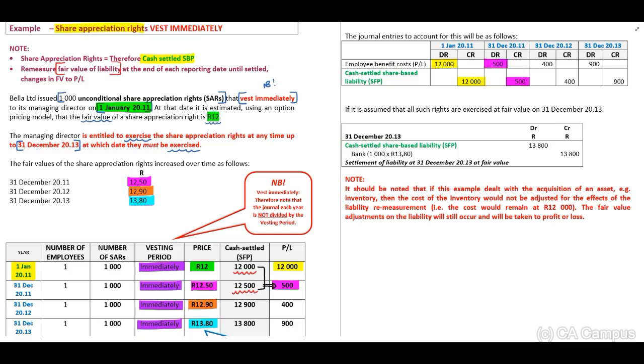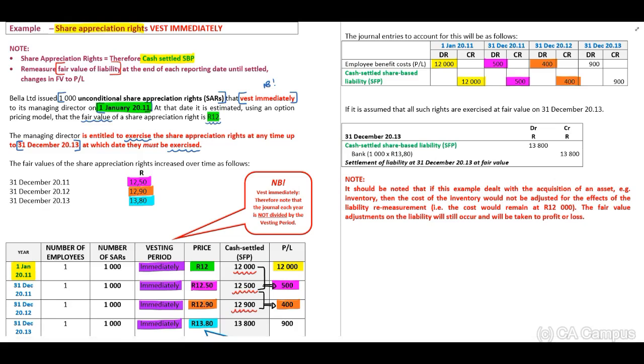Then the following year, end of 2012, our total liability should be 12,900 and it is 12,500. Therefore, we need to recognize the additional 400. We will have to credit the liability, debit the expense. And guys, exactly the same for 2013.